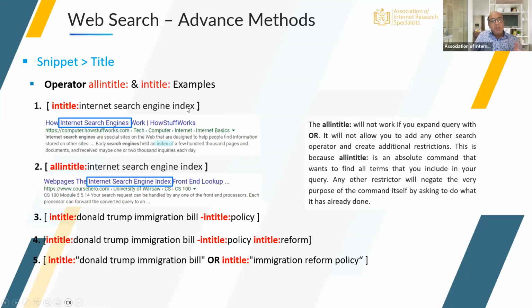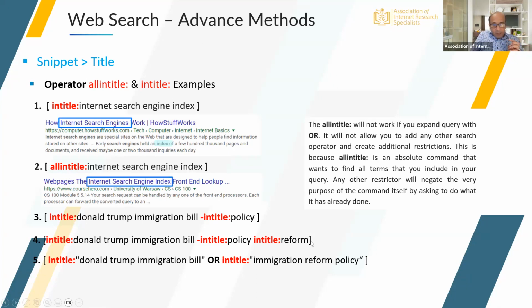And the search and engine and index will become optional as to be found or not to be found, where you could also see index was dropped. But in the all in title, none of the words will be dropped, but the sequence can be changed. However, the word internet will be the first word as shown in all in title.